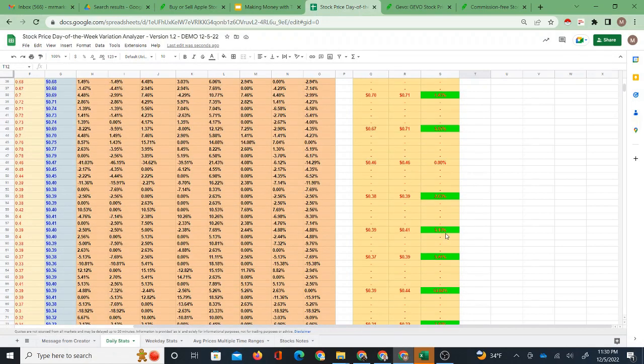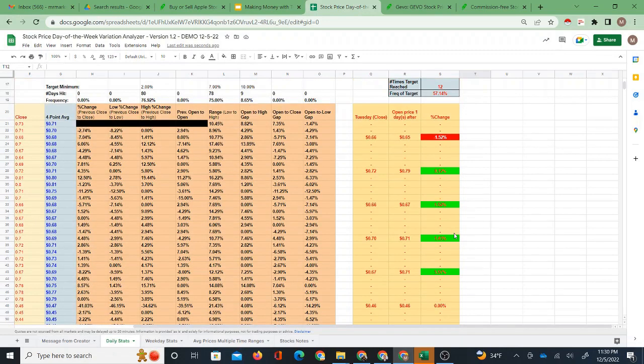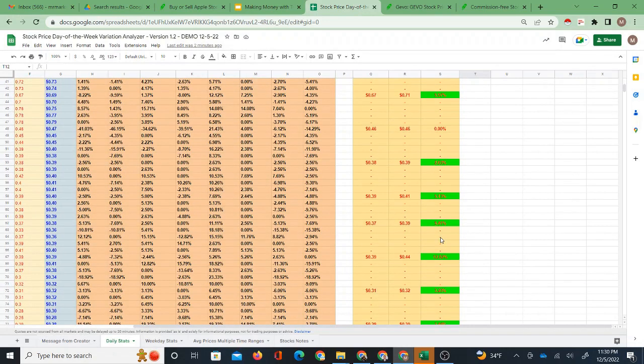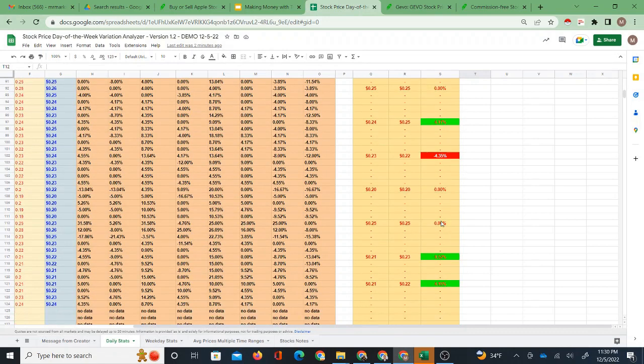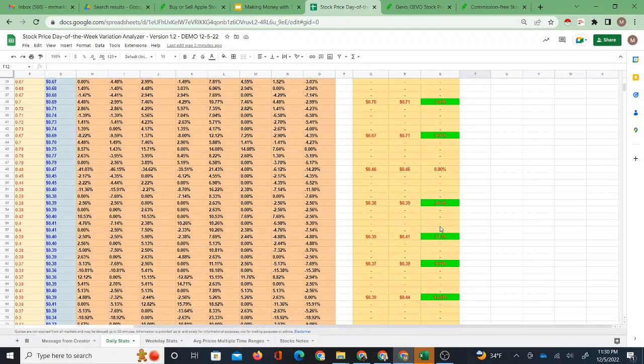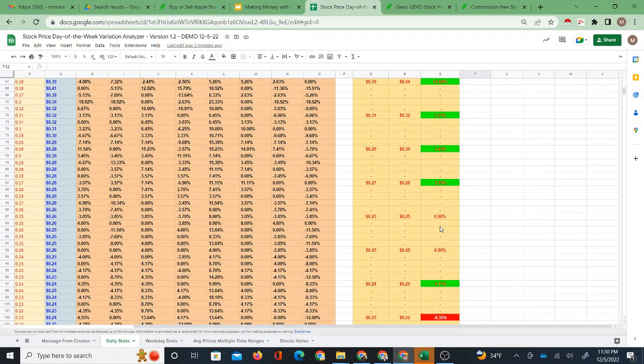But zeros are okay. I haven't lost any money there if it's zero change. Reds, that's some loss. But most of them are green, and there are only like 2 reds amongst all of these greens, and a few zeros in here as well.